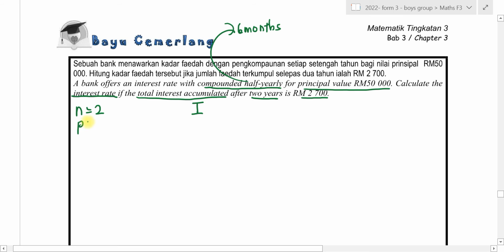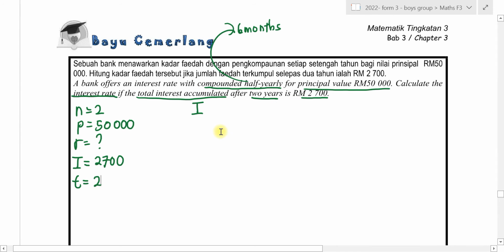The principal value is 50,000. The interest rate we don't know, that's the question. The total interest accumulated is 2,700 ringgit. And remember the time is after 2 years, so t equals 2.